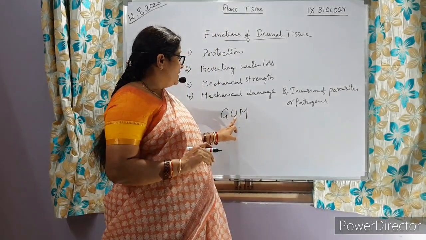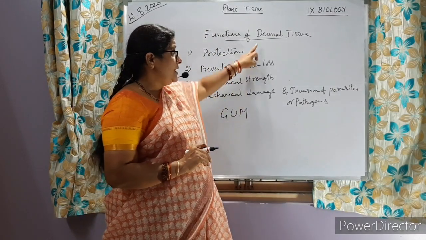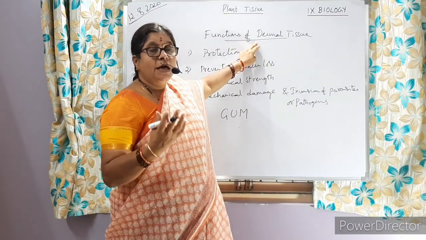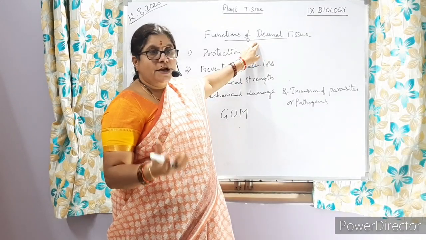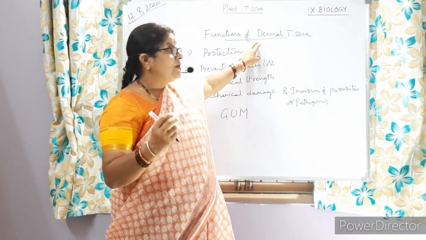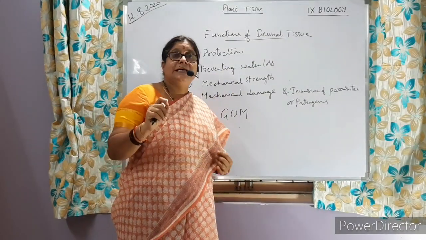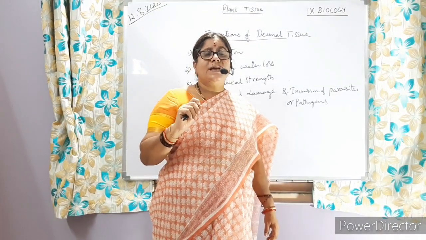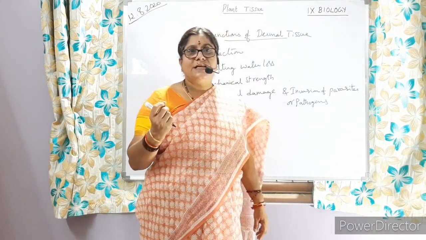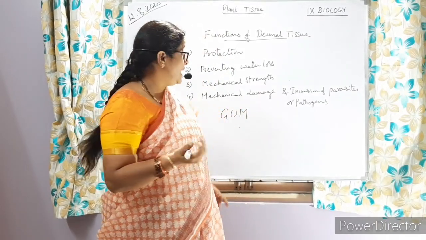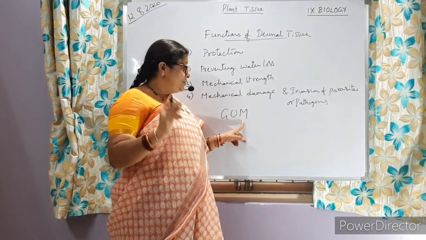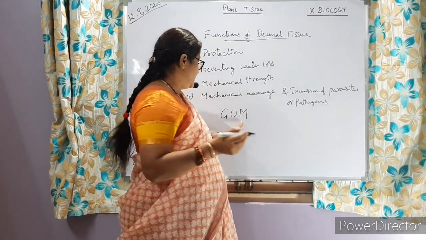Gum is produced from the dermal tissue of which plants? Acacia, cassia, neem, sometimes drumstick and mango plants. It is a secretory substance. Please remember that. Regarding secretion and excretion, you are going to learn in detail in 10th class. So gum is secreted from the dermal tissue of these plants.